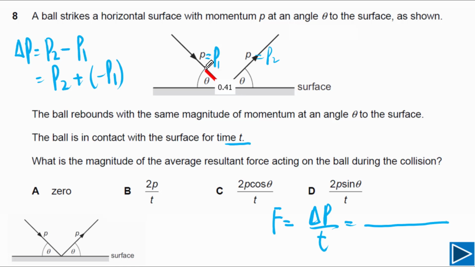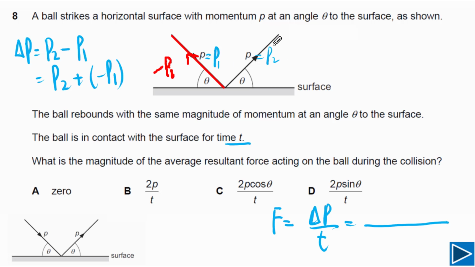P1 and minus P1 have the same magnitude, and their direction is opposite, because minus P1 is the negative vector of P1. So this is our minus P1.